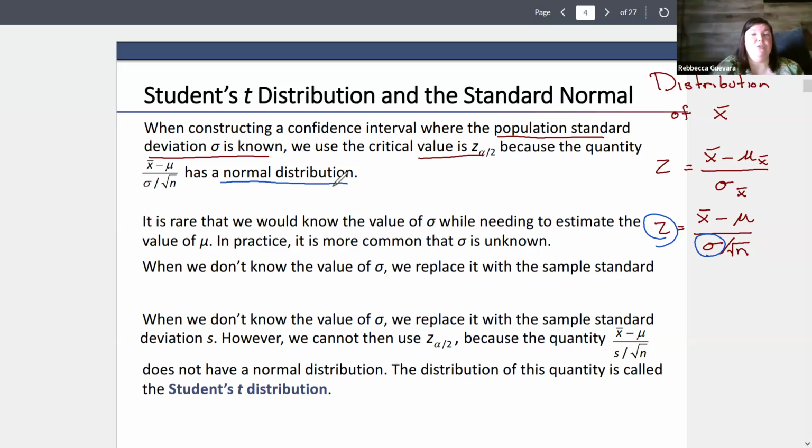Like I said, it is rare that we would know the value of sigma while needing to estimate the value of mu, because we use mu to find sigma. In practice, it's more common that sigma will be unknown, so we will not know a population mean. When we don't know the value of sigma, we replace it with S, our sample standard deviation.